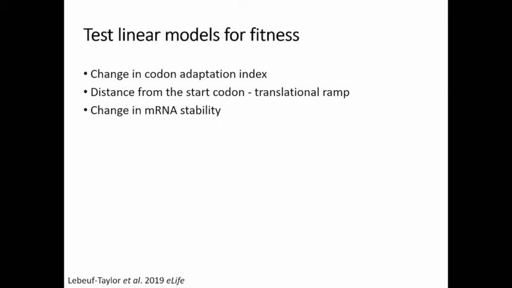The reason people think about this is the idea that in many genes there's what they call a translational ramp, where you want to start out translation slowly and then ramp up your speed as the gene is translated.